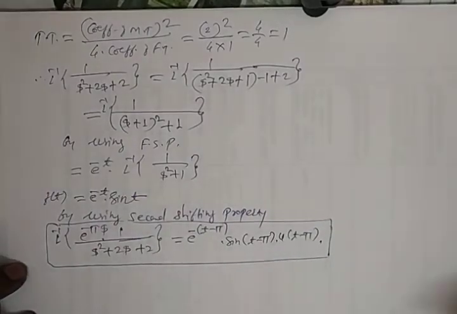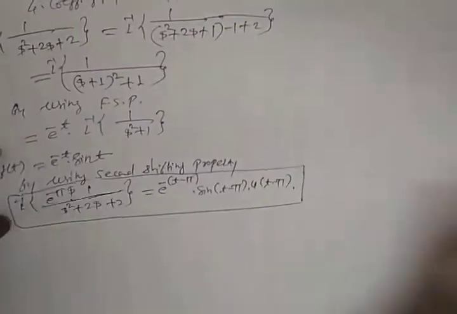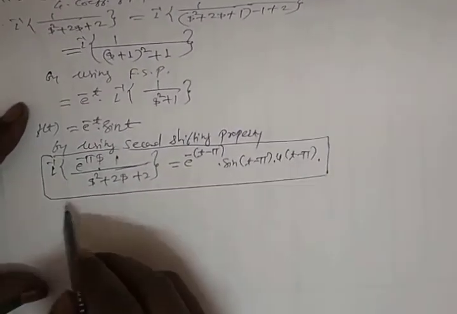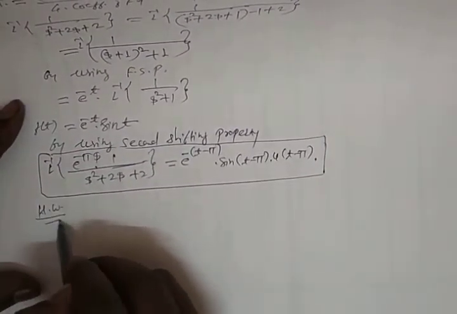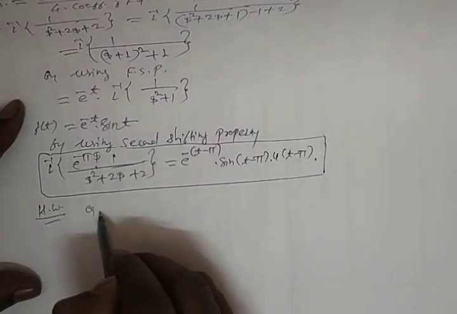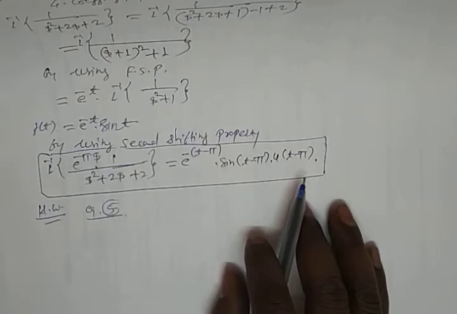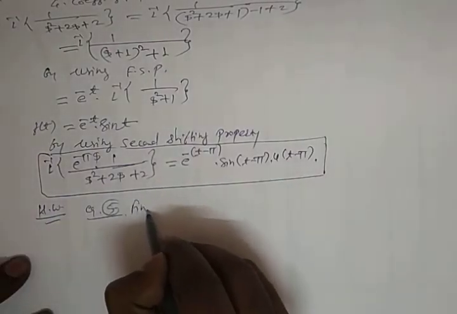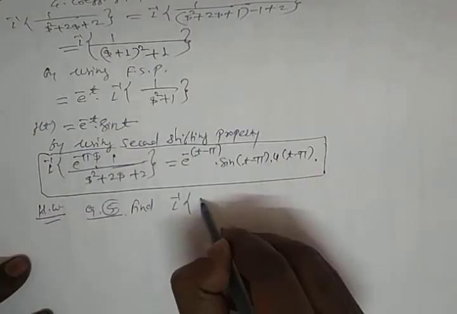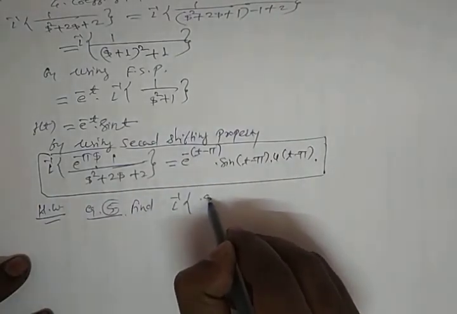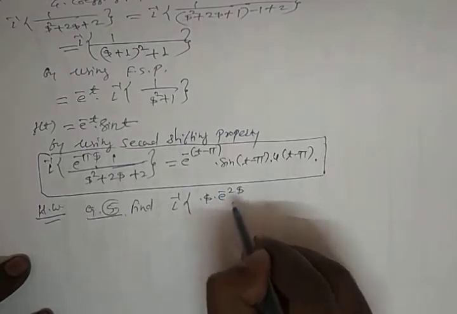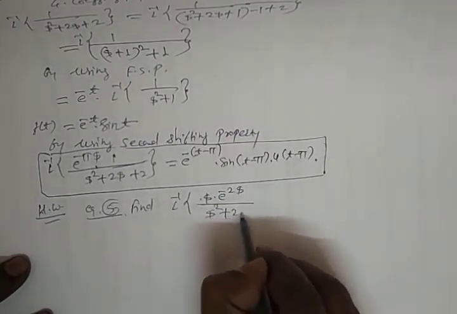Now let us take some examples for homework. You try to solve those examples at home. Example number 5. Find Laplace inverse of s into e raised to minus 2s upon s square plus 25.